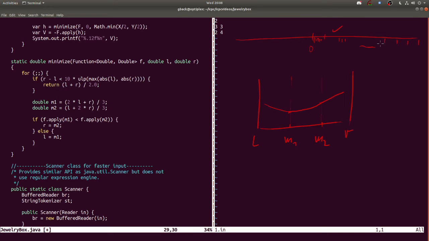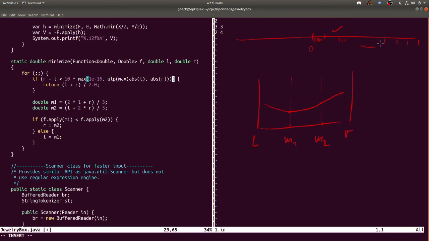And there's also a special accommodation we have to make for when the, actually no, we should with this one. Yeah, so if L and R are really small, there's probably no point in ever going smaller than 10 to the negative 16.